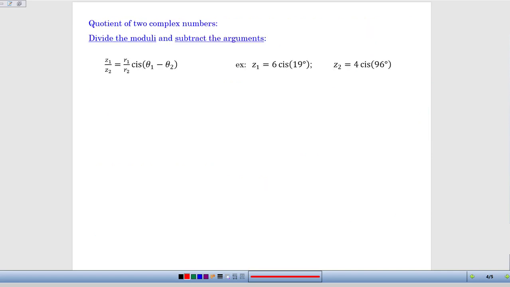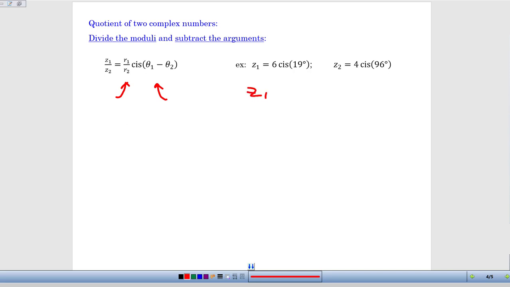If we're dividing complex numbers in this polar form, then it's going to be just the opposite of what we did for multiplication. So we're going to divide the two r values, and then we're going to subtract the angles. So divide the moduli, subtract the arguments.